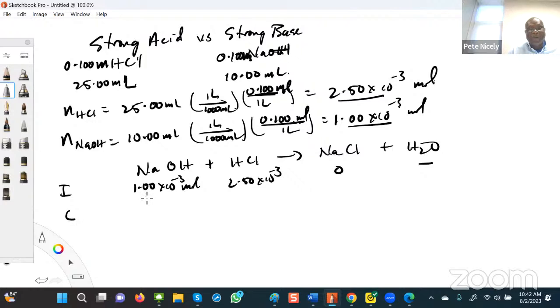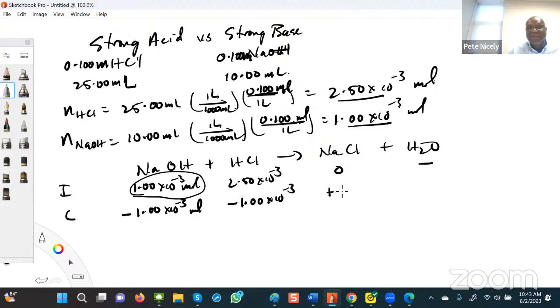Again, if you remember what we did in the case of buffers, we have to consider the limiting reactant. Again, it's a 1-to-1 mole ratio, so it's very easy for us to determine that the sodium hydroxide would be the limiting reactant. So all of that would be used up. And here it would be the same amount that will be used up.